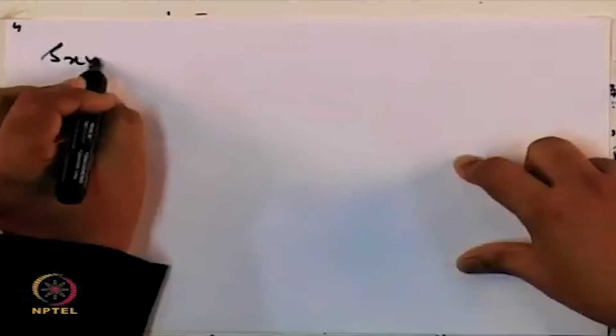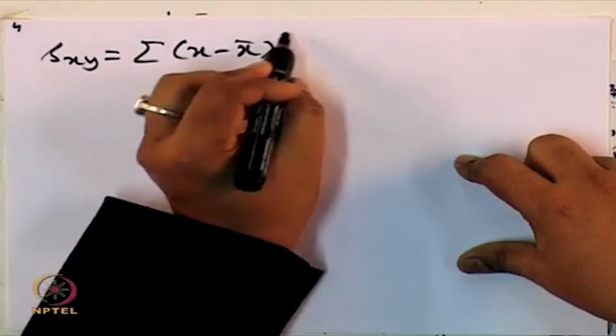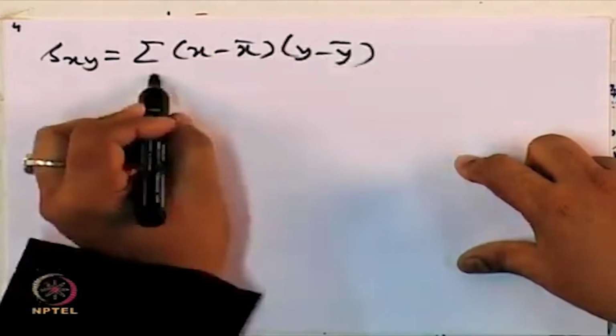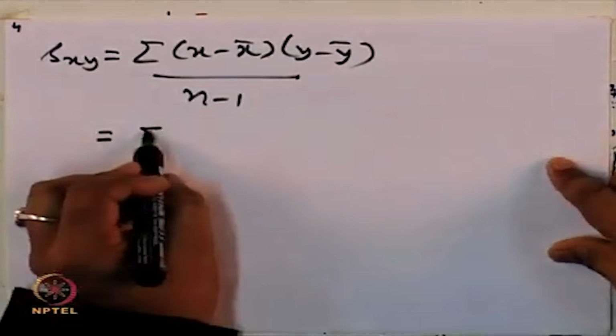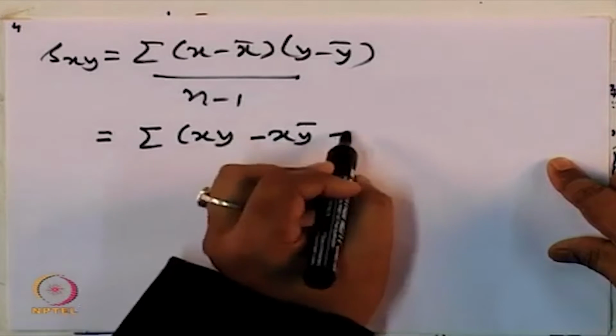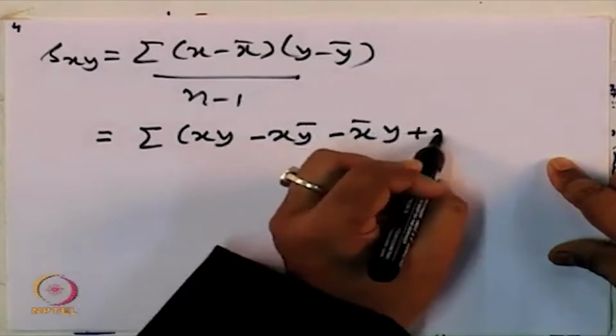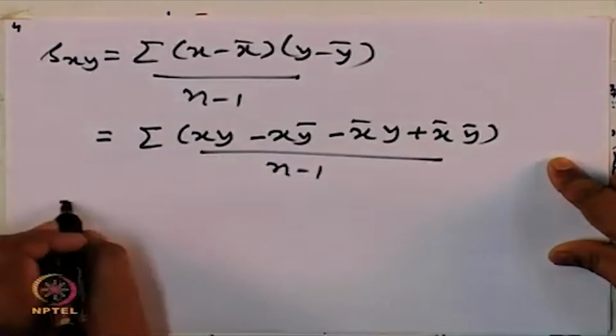So, it is possible we can simplify Sxy. We can simplify Sxy by writing summation of x minus x bar into y minus y bar by n minus 1. So, I can simplify this to summation of xy minus x y bar minus x bar y plus x bar y bar whole by n minus 1.